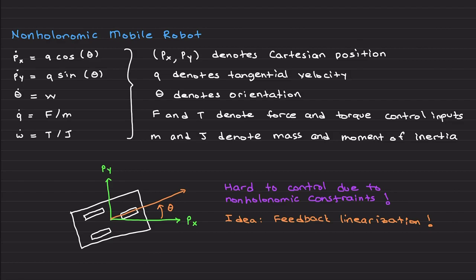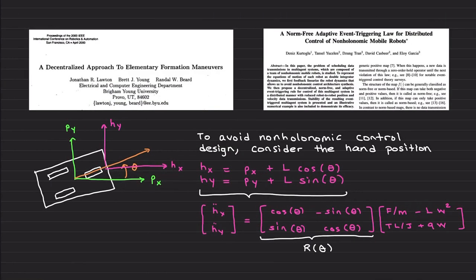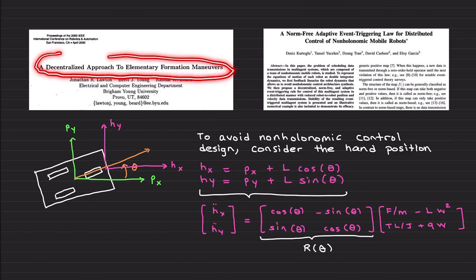It is not omnidirectional. So to control this nonlinear system, the idea is feedback linearization, and this is where we are going to do that. I would love to refer to this paper written by Lawton, Young, and Beard in 2000, which I'm going to cover in this video.